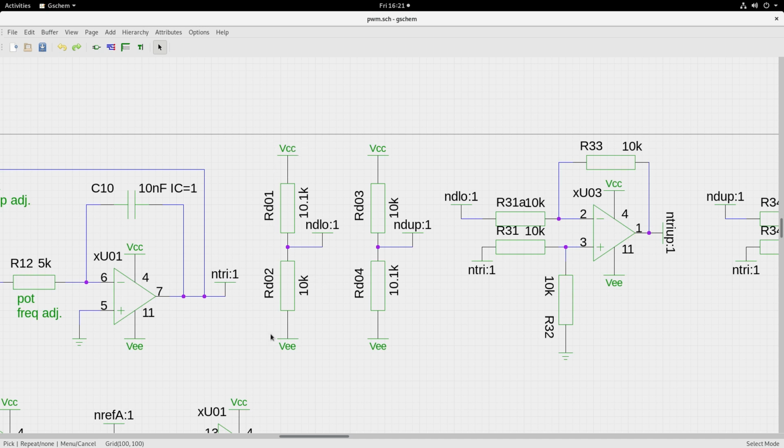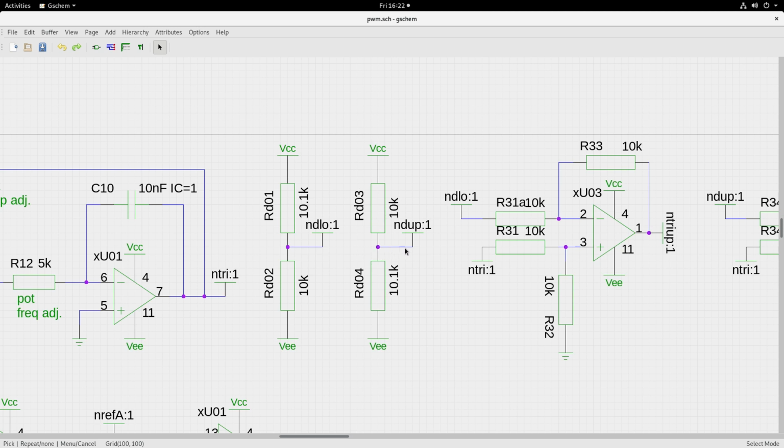So how do we get the epsilon voltage? I am having this VCC to VEE potential division. This potential division is not of equal resistance. It is slightly offset. On the upper side I have 10.1K and it is 10K here. On a similar attenuator on the lower side I have 10.1K and it is 10K here.